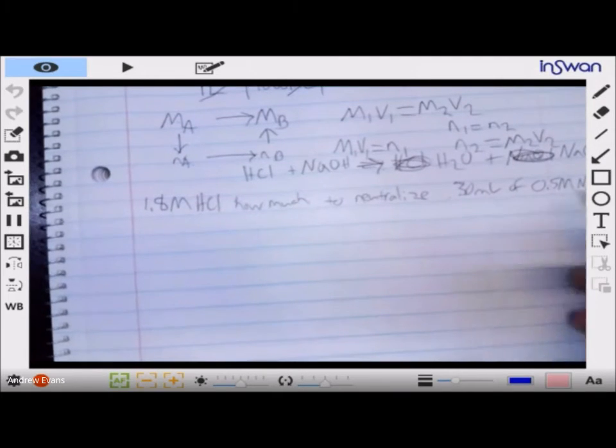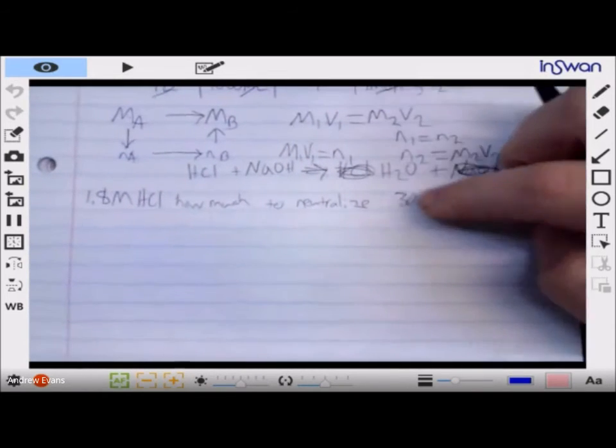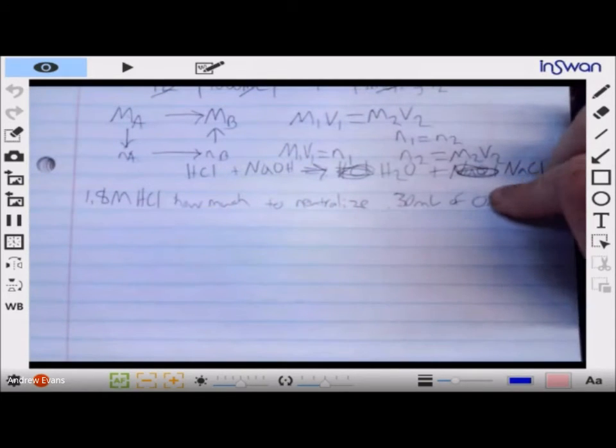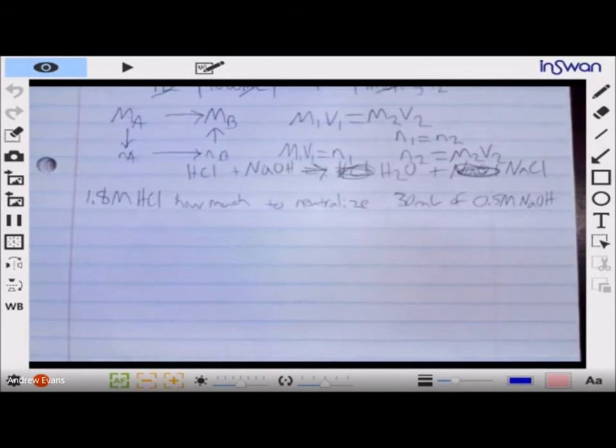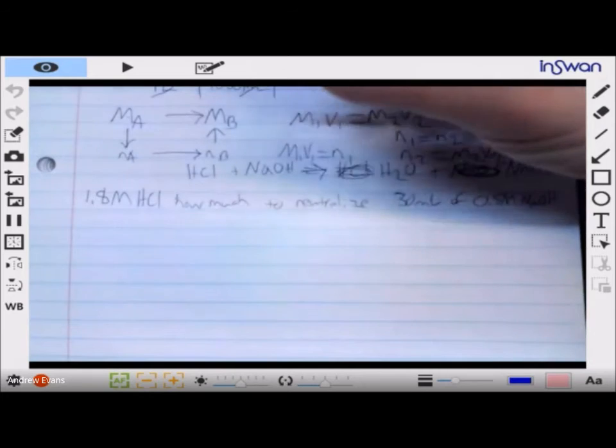So this 30 mils and the 0.5 molar all relate to one situation, M1 and V1, and the 1.8 molar relates to the other situation, our acid, or M2.